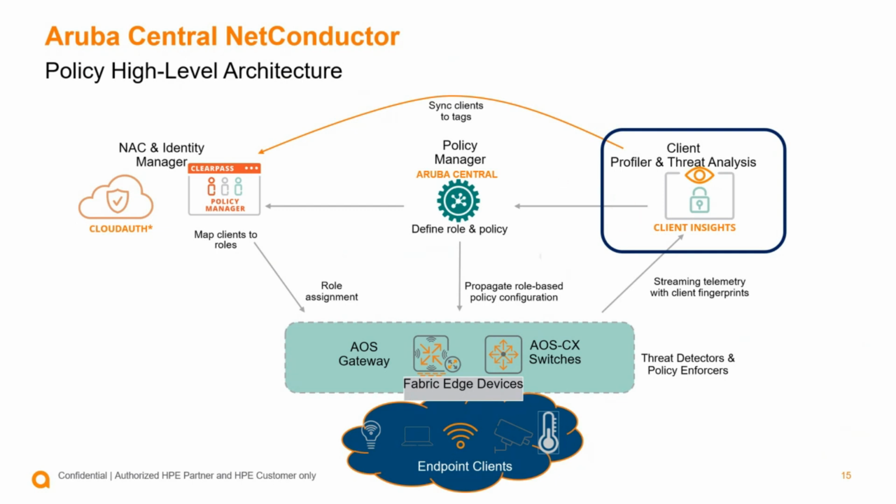Based on that profiling with Central insights, specific tags can be shared with ClearPass, and then ClearPass can take an action based on these insights, either to block, quarantine, or apply a restricted role until some kind of remediation takes place. And of course, this is all part of the broader Aruba solution value add.